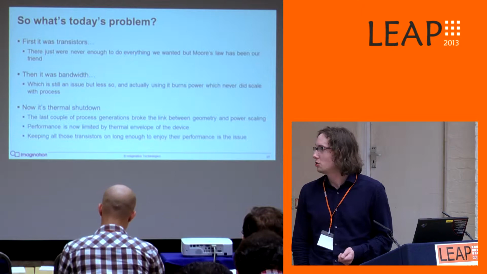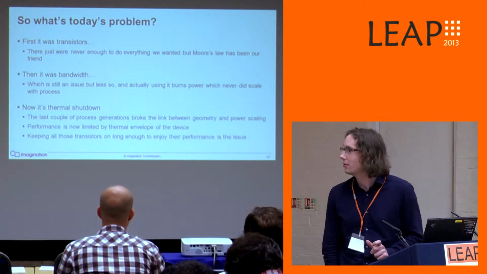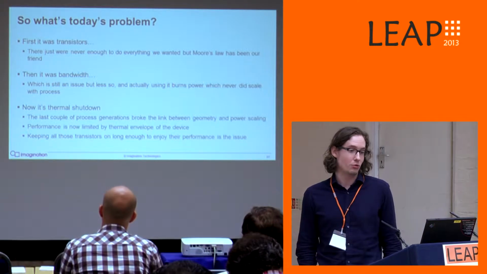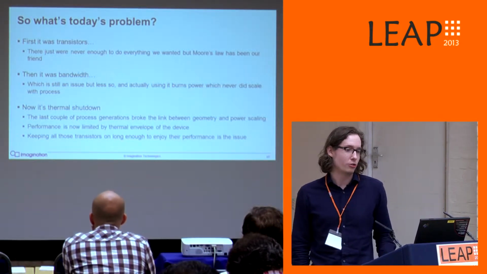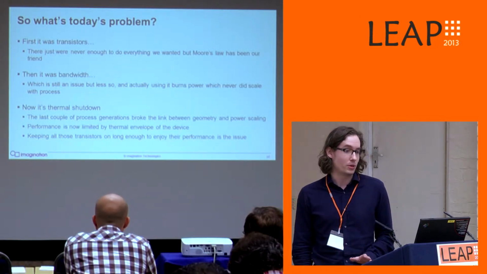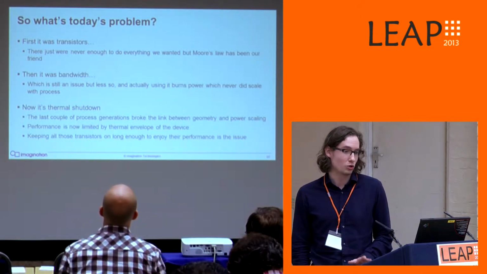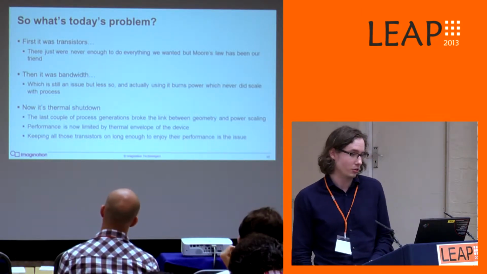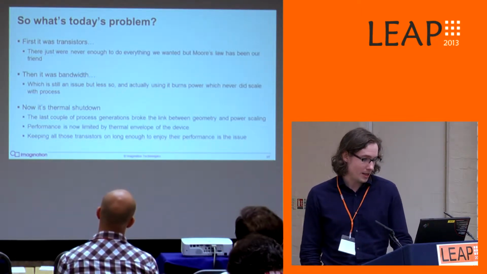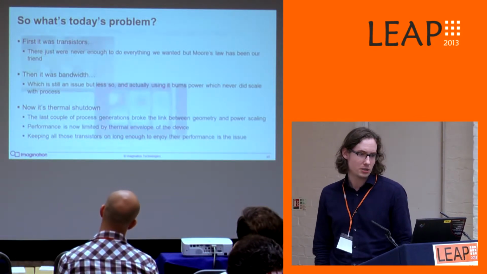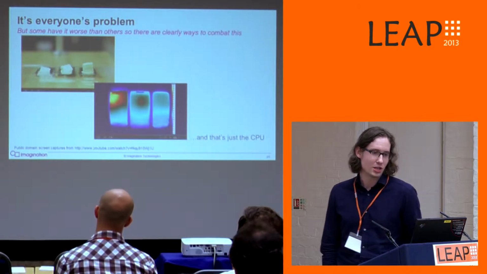And then today's issue is really thermal shutdown. It used to be the case that for every process step, you could reduce the threshold voltage of the transistors, and then that would allow you to lower the power supply. But today, things like leakage get worse and worse per process step. That's why ST have gone to silicon on insulator. And so I've got a few slides really just to try and highlight this without being too scientific.